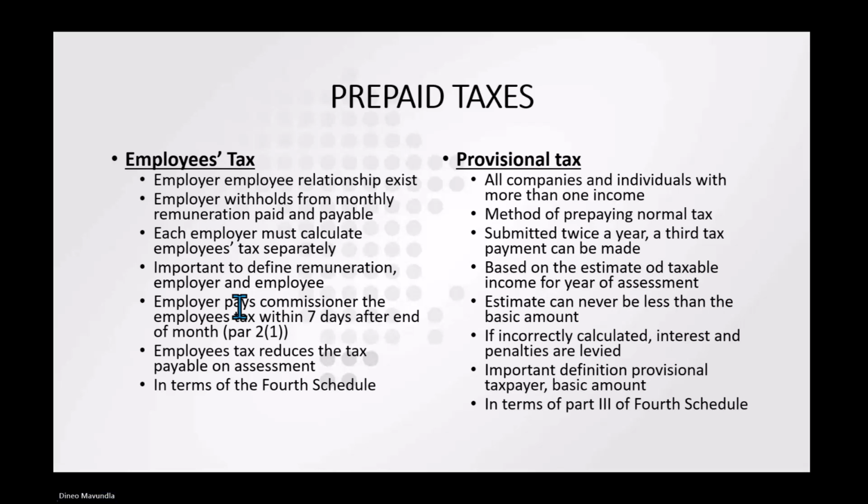So there are 13 types of income that are included in the definition of remuneration. And then there are 16 inclusions, and 4 types of exclusions that are mentioned there. So the list is quite extensive, so it's good for each person to look at the definition of remuneration when they are studying.